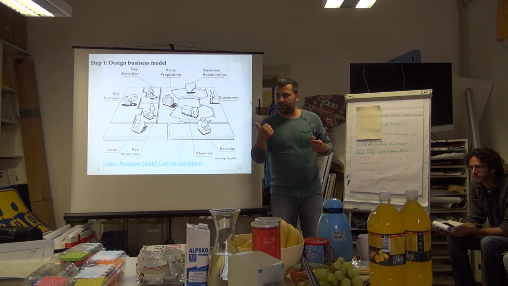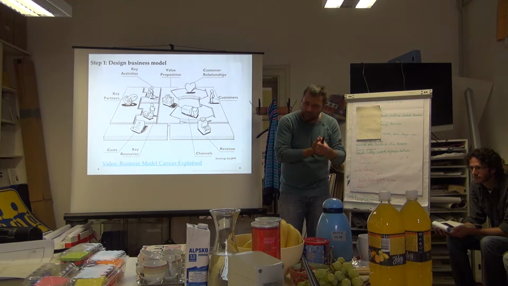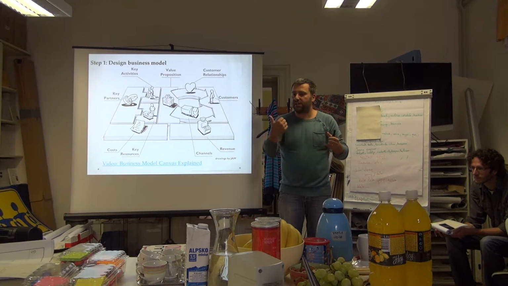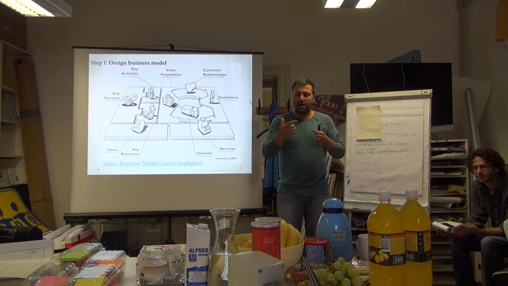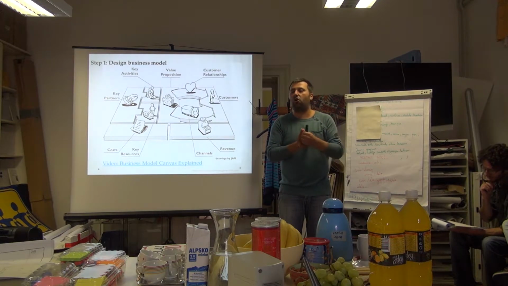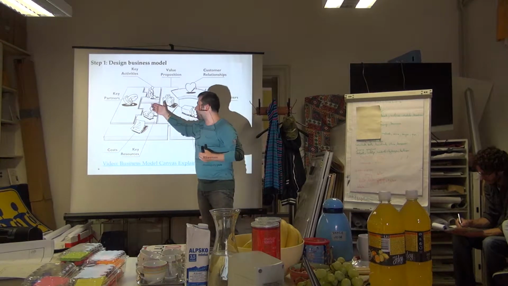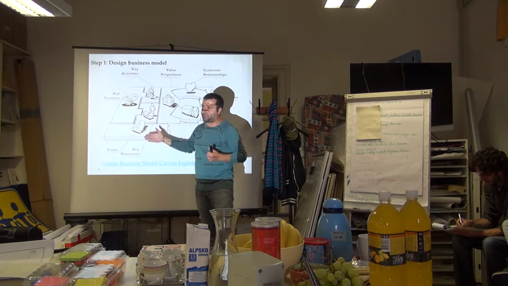The material resources are like we need a kitchen. We need a restaurant, maybe we need a factory, we need a car, we need an office, we need, let's say, computers and stuff. These are all material resources that you need to start. And then you have also non-material resources like knowledge. Knowledge is the most important non-material resource, and you can also include it here in key resources.